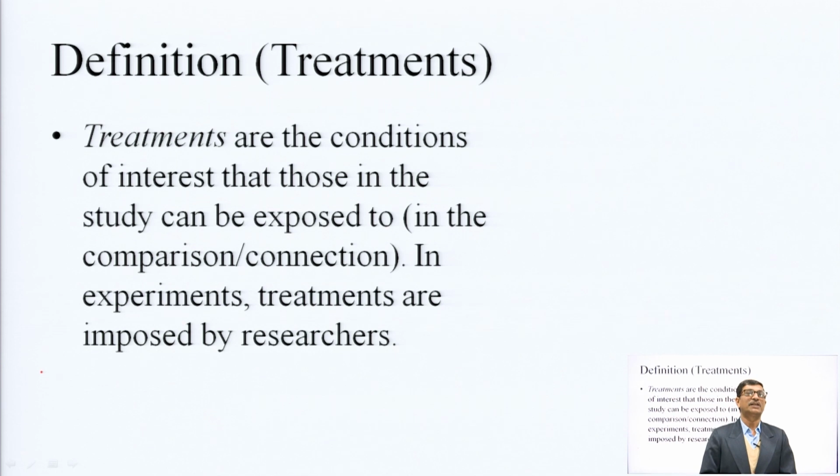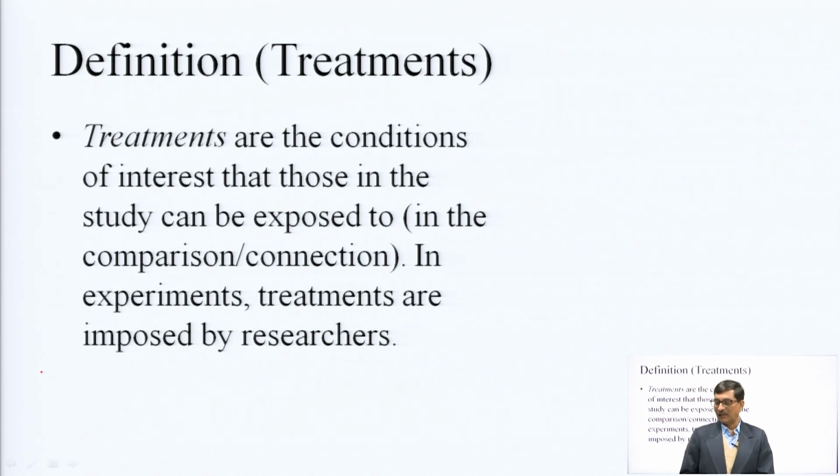The definition of treatment. Treatments are the conditions of interest that those in the study can be exposed to, or in the comparison or control. In experiments, treatments are imposed by researchers.